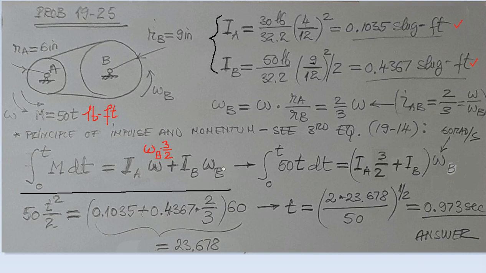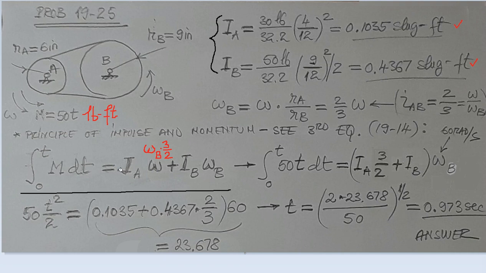And since omega b is the one that we need to get to 60 radians per second, we are going to substitute omega b times the inverse transmission ratio, that is 3/2, rather 9/6. 9/6.